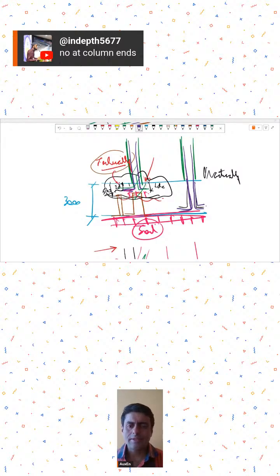In case of raft, your support is provided by the soil, right? So I'm saying you provide soil springs. Here you assume it is just rigidly connected because you have provided LD development length, and because you are going to cast it monolithically, the joint between column and raft you consider as a rigid joint.